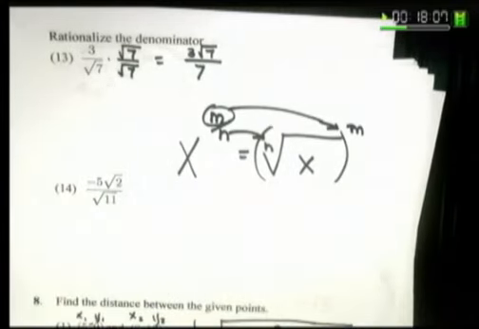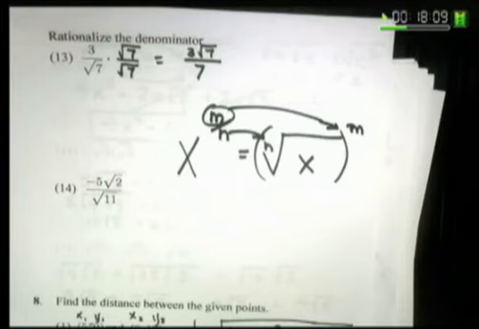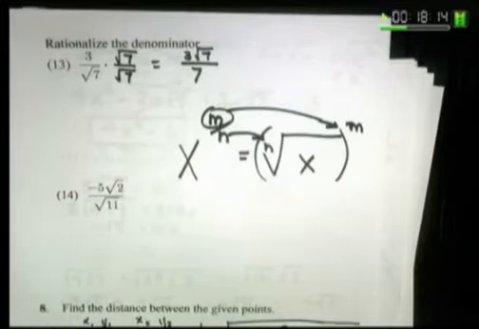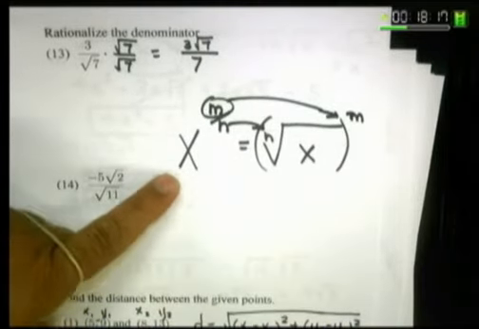Y'all understand that? Whatever your denominator is, that becomes your root. So if your denominator is 5, it becomes the 5th root. If your numerator is 2, then you square everything. So y'all kind of got that?